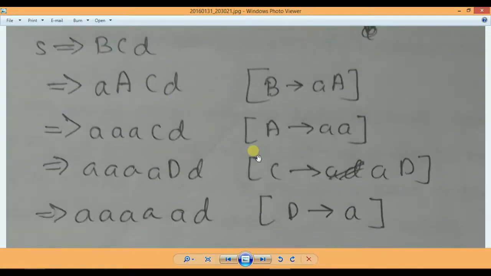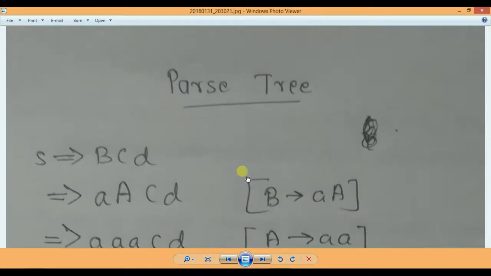Well, in the previous video where I discussed how to reach a sentence from production rules, I stated that there are more than one way to reach the sentence. This is the reason for the concept of parse tree.